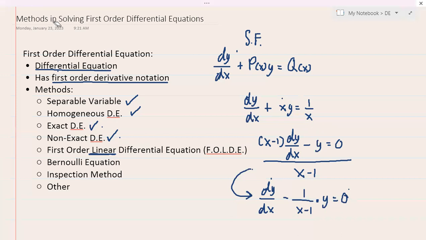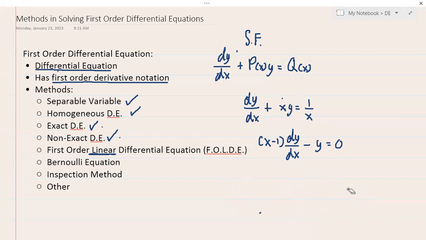Alright? So, let's just say meron tayong y. Okay. Pero meron pa tayong isa pang y, pero siya ay naka-exponent. Hindi siya ang simple y.